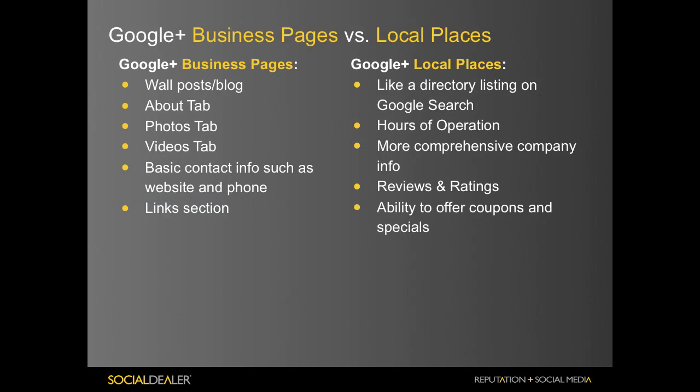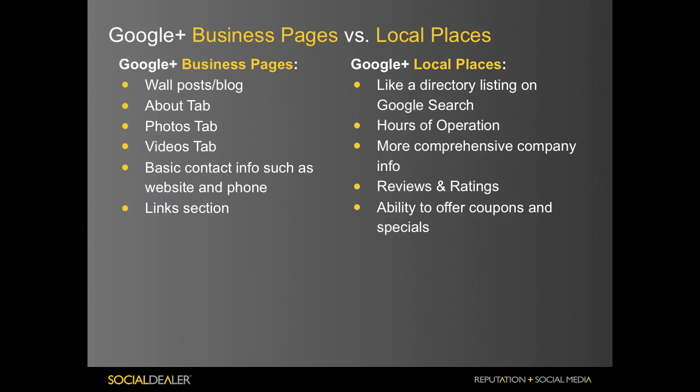A place or a local listing is like a directory listing. In a lot of ways, it's like the phone directory of before, but your business is in there under a listing. And on your local place, you can put much more comprehensive information about your dealership. For instance, you can put your hours of operation there.